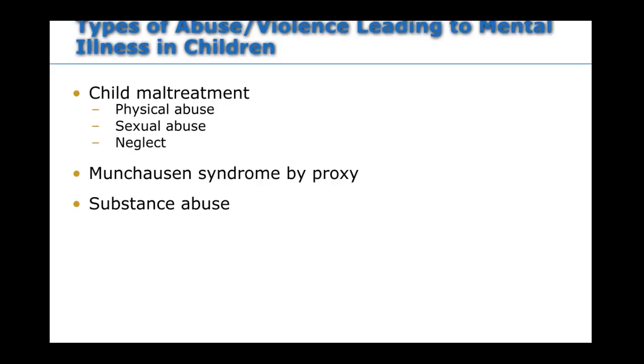So if you suspect, then you need to investigate, and if you find there is a true concern, then you need to report it. You can report it anonymously. There are ways to do that, but your facility will let you know how to proceed if you discover abuse. All right, so there are 3 different kinds: physical abuse, sexual abuse, and neglect.